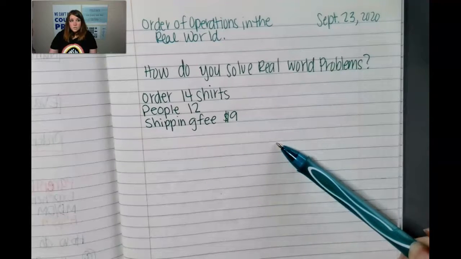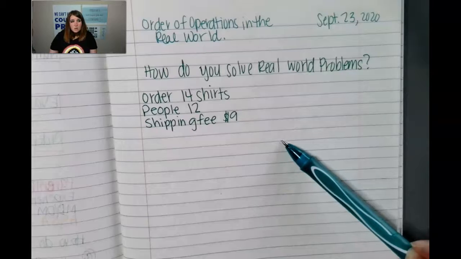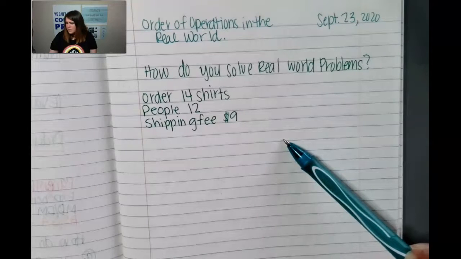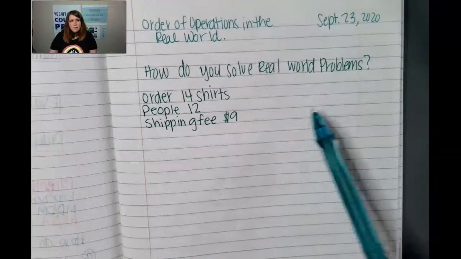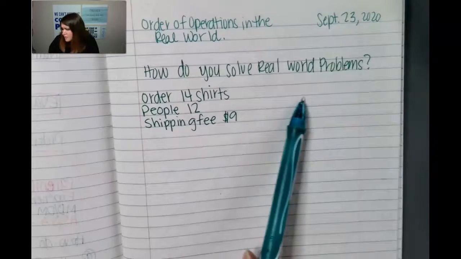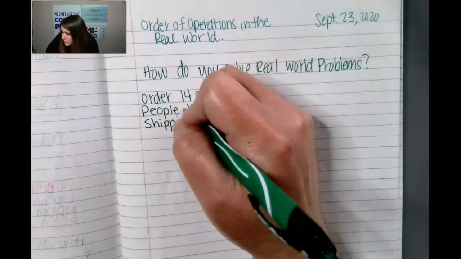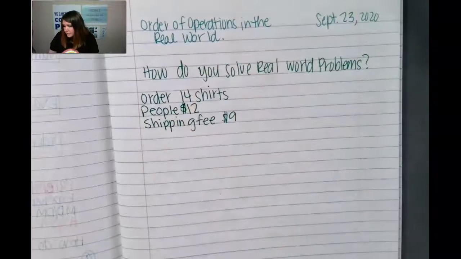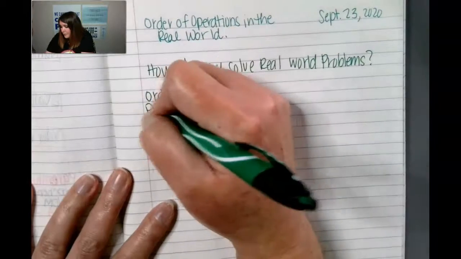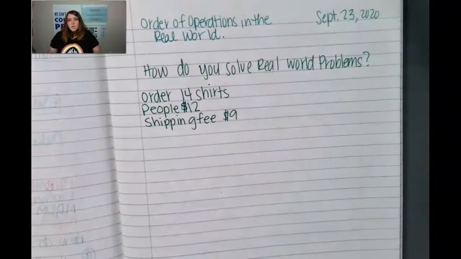We're ordering 14 shirts that are, what did I say? Oh, I read that wrong. I am so sorry. It's not 12 people, it's 14 shirts. This is $12 per person. Oh my goodness, Miss Englander. It has been a long day, hasn't it? Not people, per person, $12 per person.